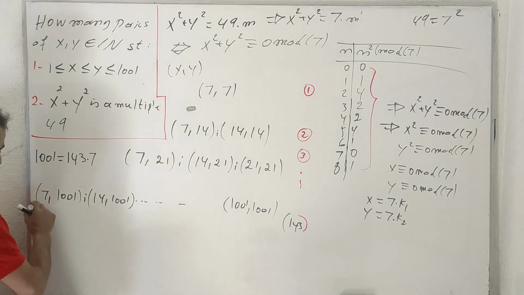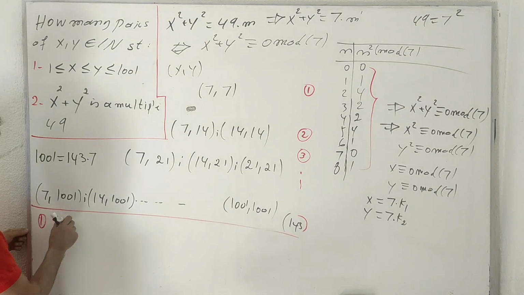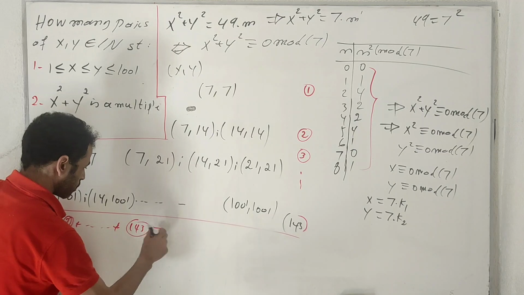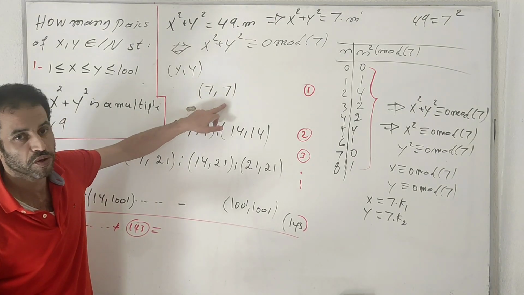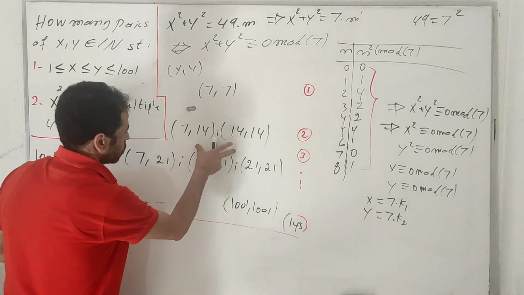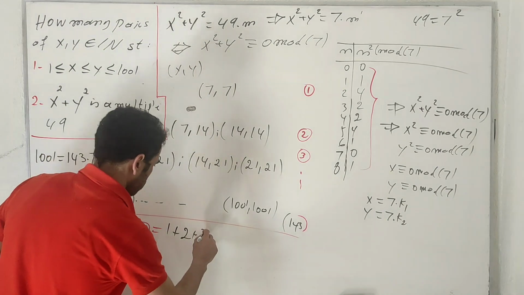So I'm going to add them together by adding 1 plus 2 and all the way down to the 143 column. For the first column, we have only one pair of the solution, which is 1. For the second column, we have 2. For the third column, we have 3.